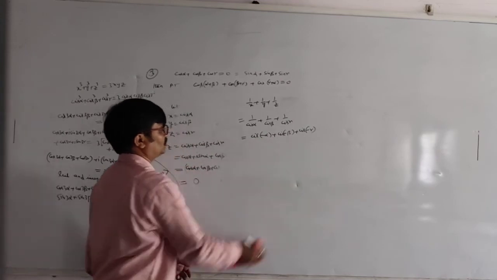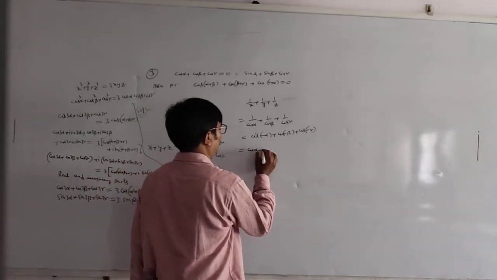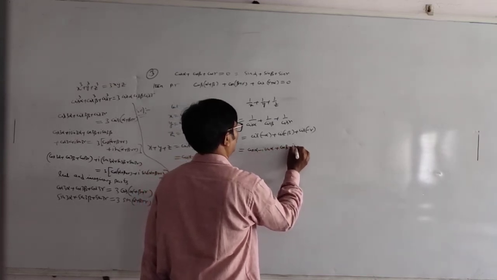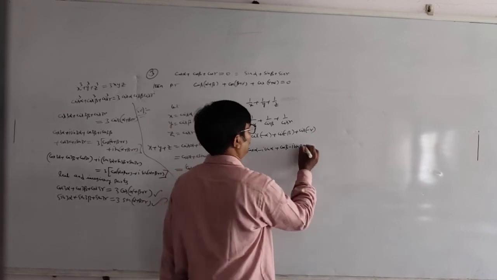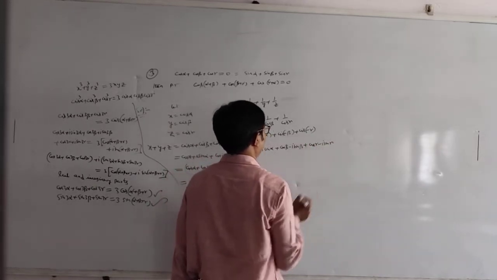Now students, when we remove the cis, this is cos alpha minus i sin alpha, cos beta minus i sin beta, cos gamma minus i sin gamma.